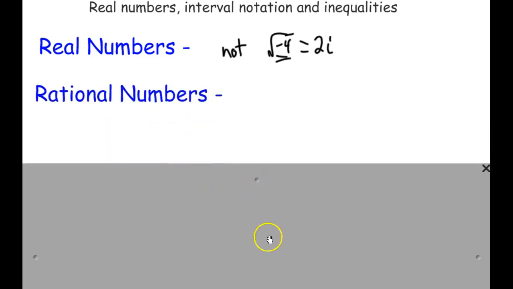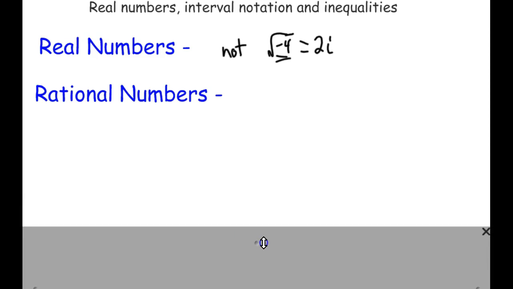Rational numbers. So now this one is one you should be familiar with, although I find that students many times are not familiar with this one. There are two ways of defining this. The first has to do with decimals, and you might remember this. If you're talking about decimals, then rational numbers are repeating or terminating decimals.